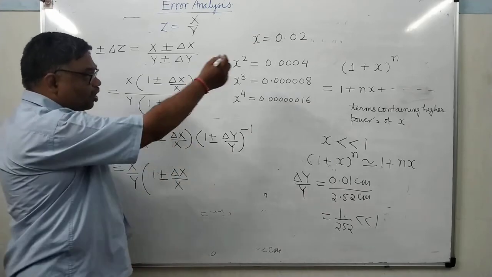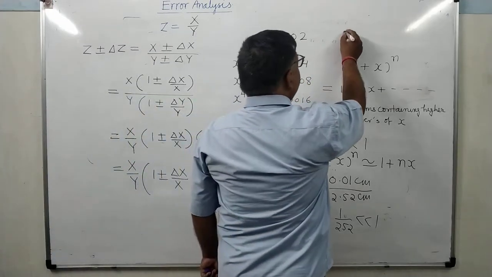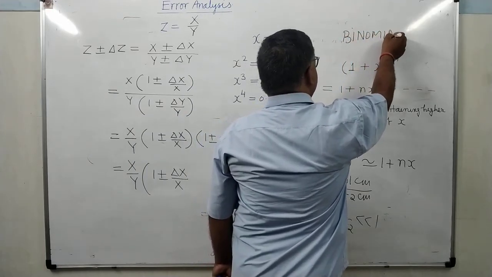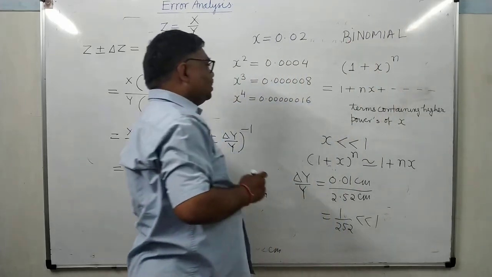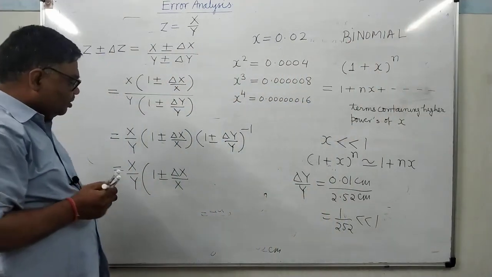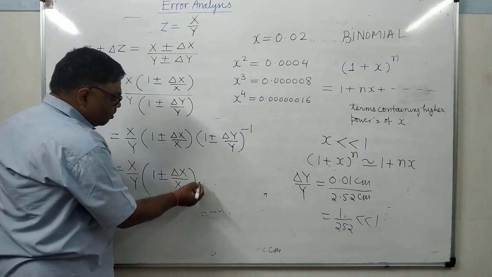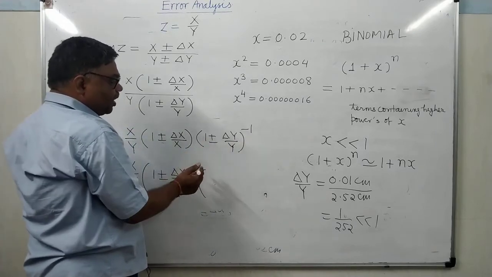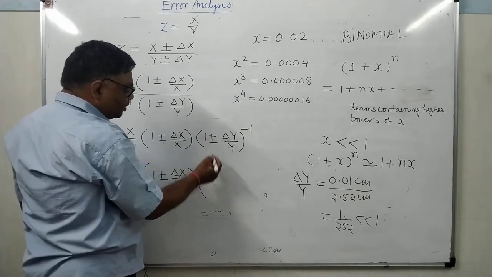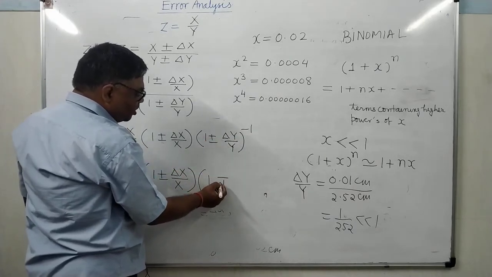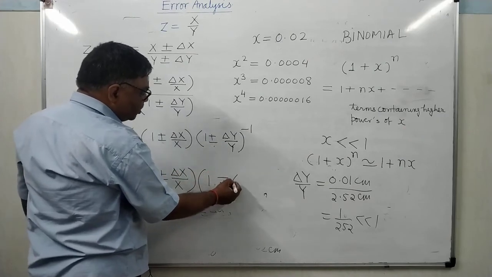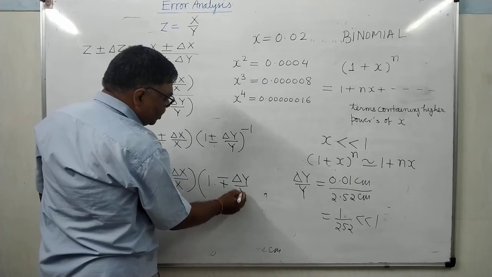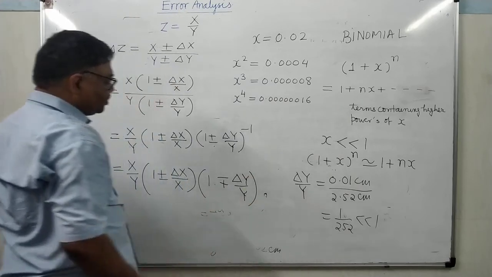That is known as binomial expansion, which we will discuss in detail later. Here you know this: 1 plus nx, n is this, x is this. When you multiply, what will happen? Minus into plus, minus. Minus into minus, plus. Delta y upon y. It's clear?